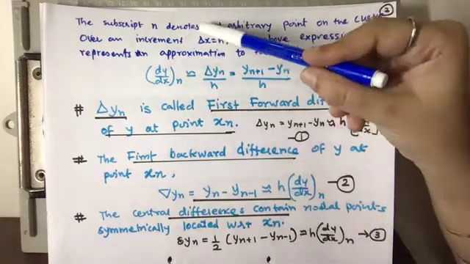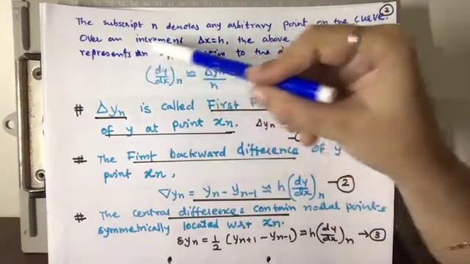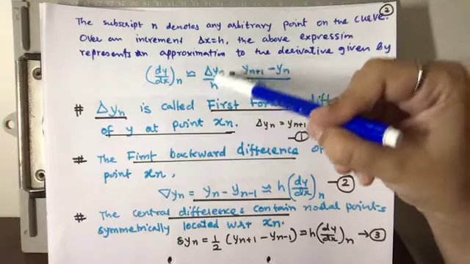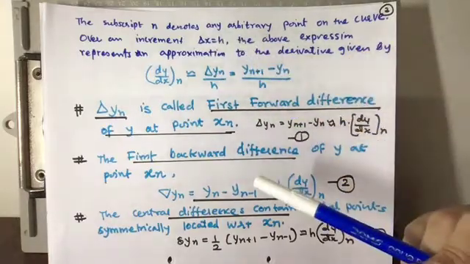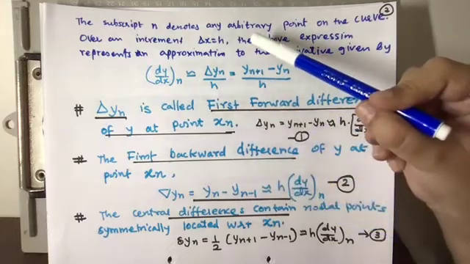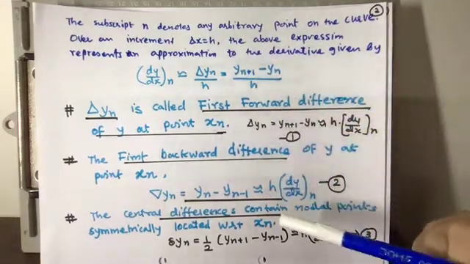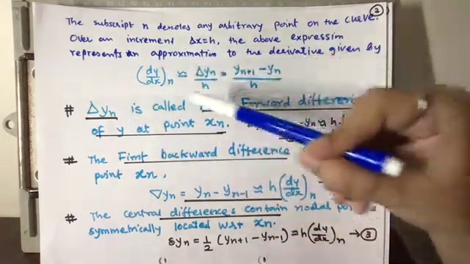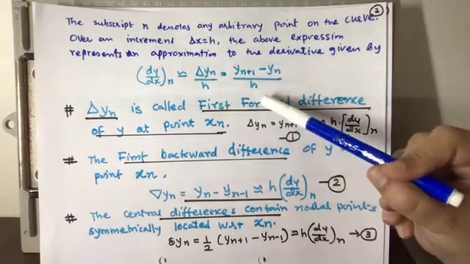Here the subscript n denotes any arbitrary point on the curve, and the increment delta x can be written as h. As I told you, it is the interval between the two function values, and this can be written in an approximated form. This is also called the first forward difference.